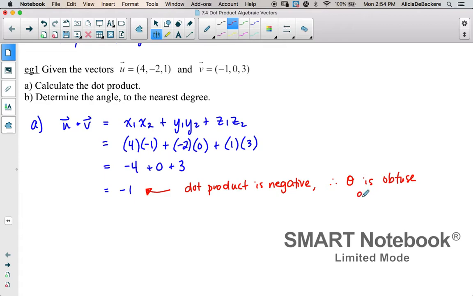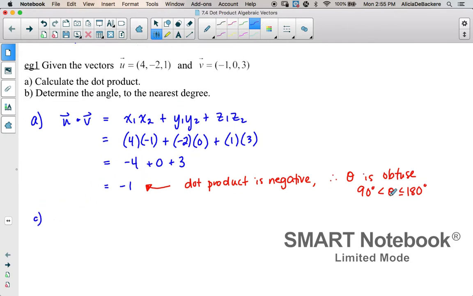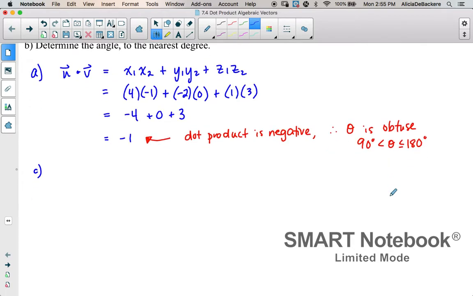So I know that theta is between 90 and 180, not equal to 90 or 180. All right, so let's go and figure out my answer. Hopefully it's between 90 and 180, or I made some sort of mistake somewhere.